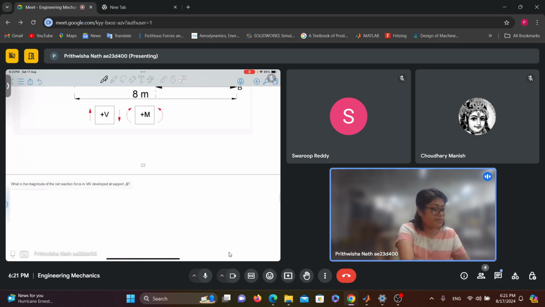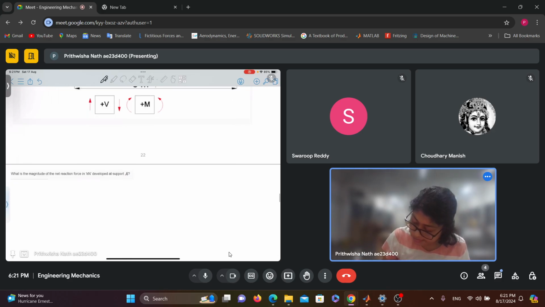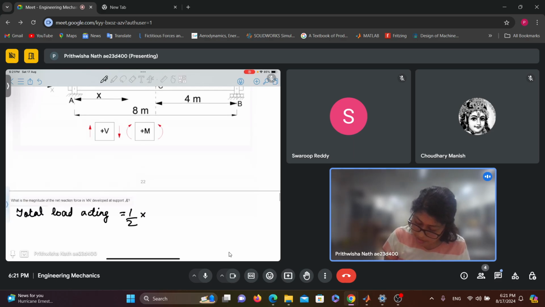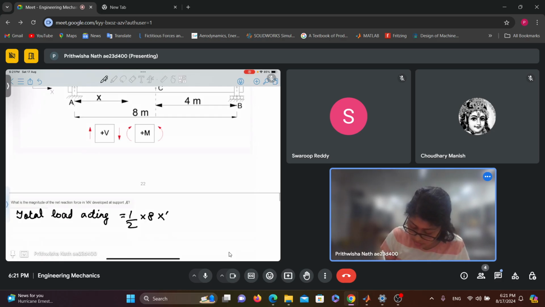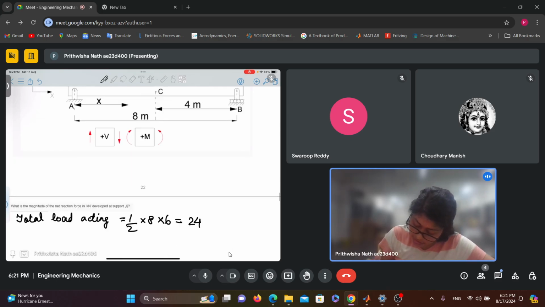So, for this problem, the total load that is acting on this beam is half into base into height, 24 kilonewton, right?